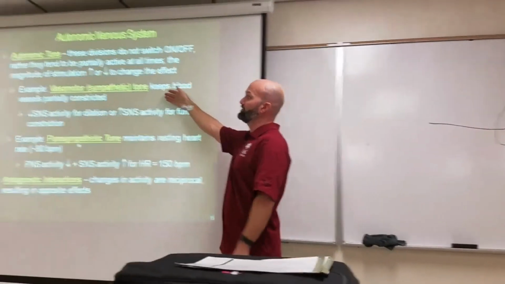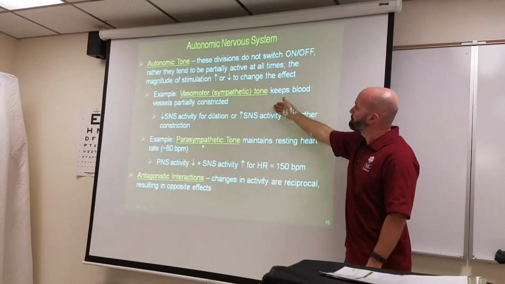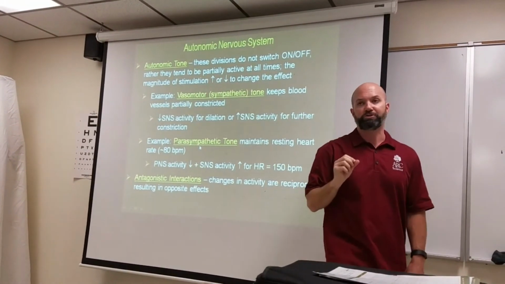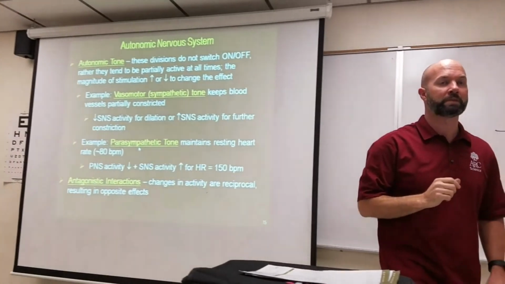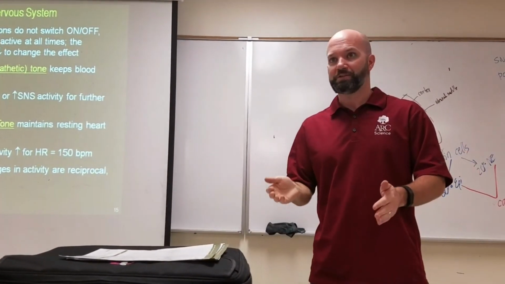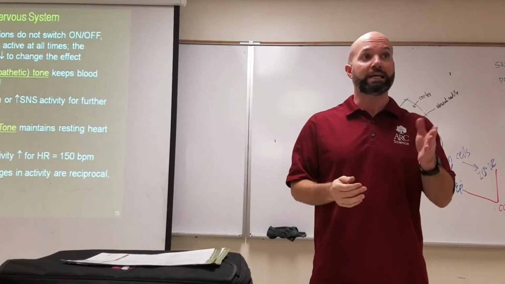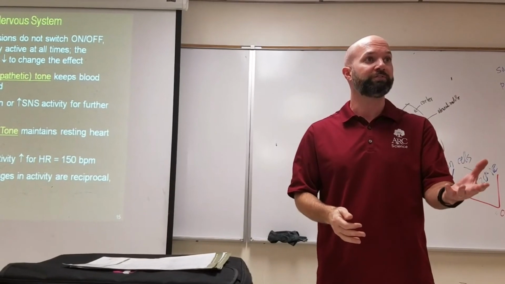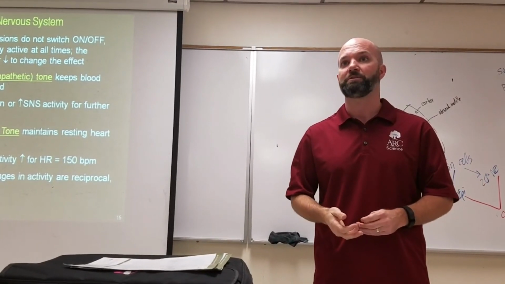We have examples of sympathetic tone as well. Sympathetic stimulation of blood vessels keeps them partially constricted all the time. We don't have sympathetic and parasympathetic innervating blood vessels. We can't use one to constrict, one to dilate. We have that in the pupils of the eye. We don't have that with blood vessels.